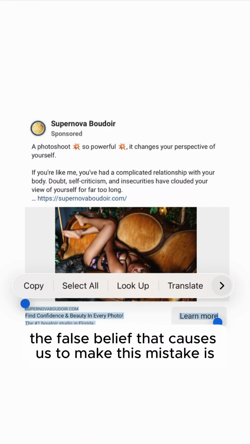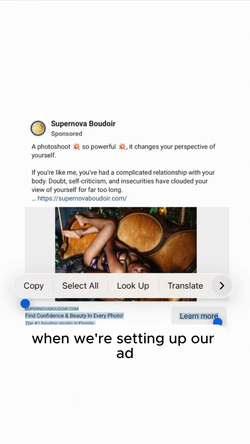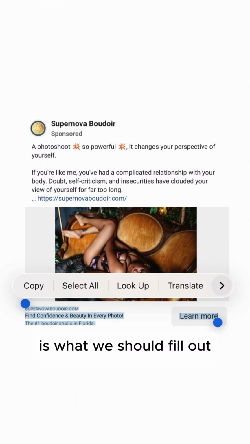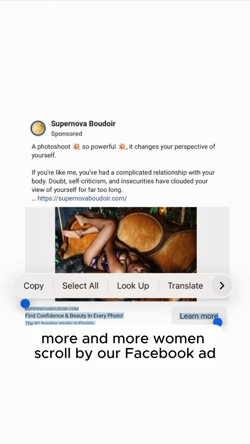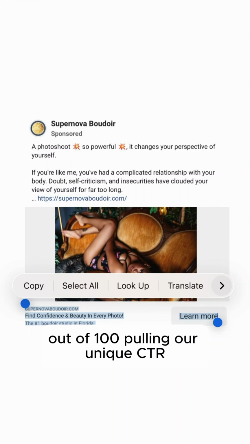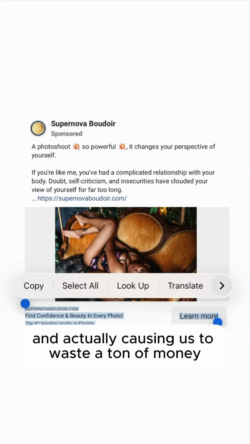The false belief that causes us to make this mistake is we're trusting what Facebook tells us to fill out when we're setting up our ad is what we should fill out. But the consequence of following this false belief is more and more women scroll by our Boudoir Facebook ad out of 100, pulling our unique CTRL under 6% and actually causing us to waste a ton of money.